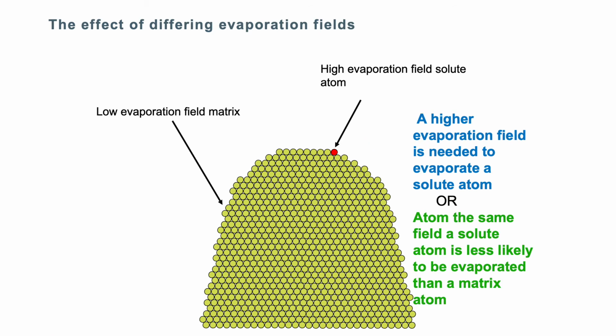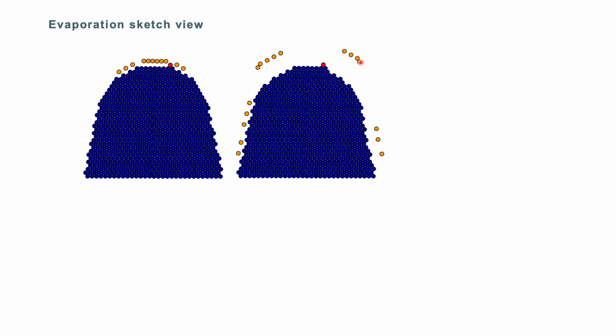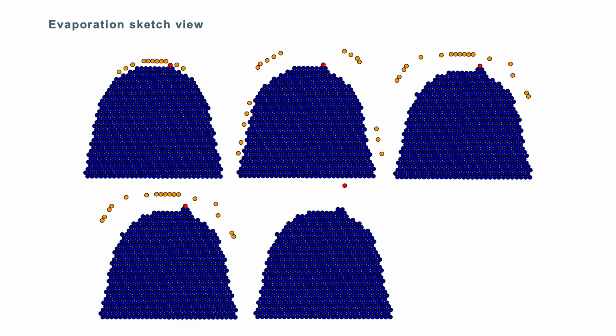And beyond these effects of terracing and the field distribution, if we were to consider just one solute atom, for example, that requires a slightly higher field compared to the surrounding matrix, then we have a case where all of the atoms surrounding this one high field solute would start to field evaporate, and then more and more will go until the point where very locally here the field is high enough for this one atom to go.